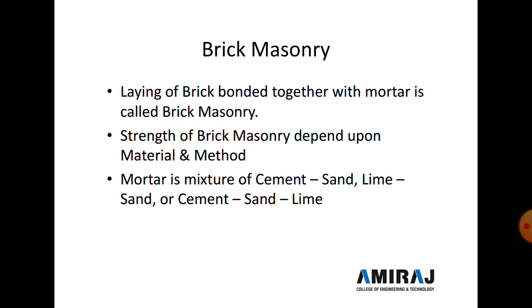There are mainly two types of material: first is cement, and second is lime. Both materials give different strength. The second is the bonding method. Different types of bond are given in the next slides, and we discuss the bonding method.